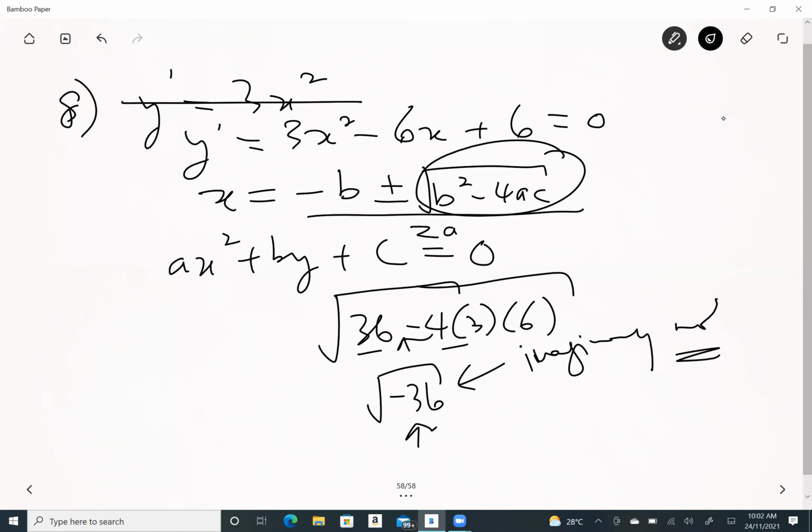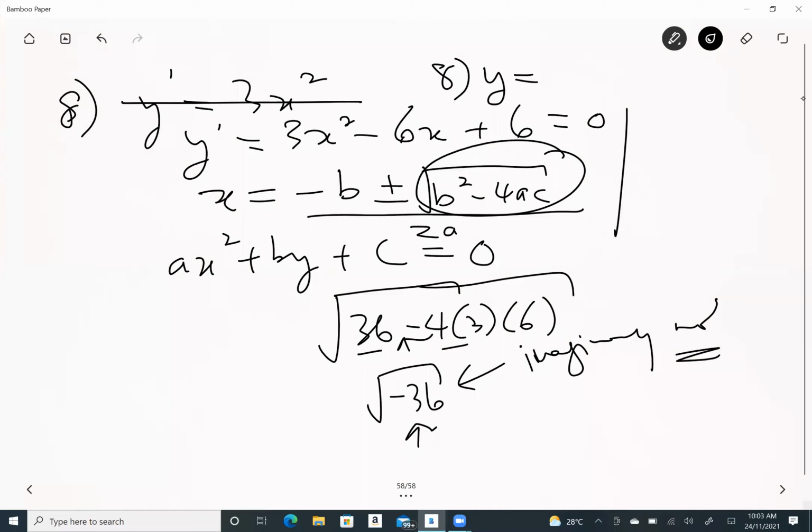So what you do, you go back to question number 8. If you do this, you cannot get the answer. So you go back to question number 8, and you put in a negative number for the 6x. I think if you do that, you will get a real number.